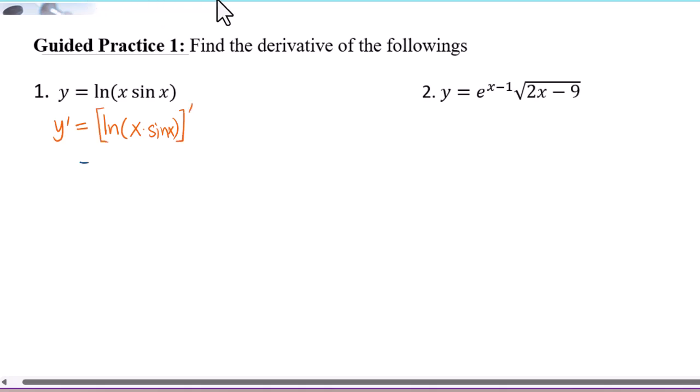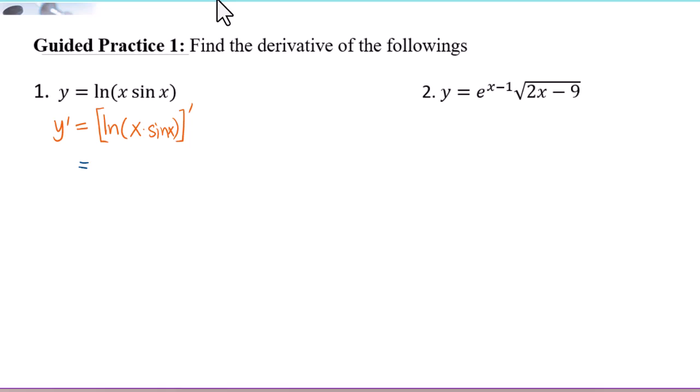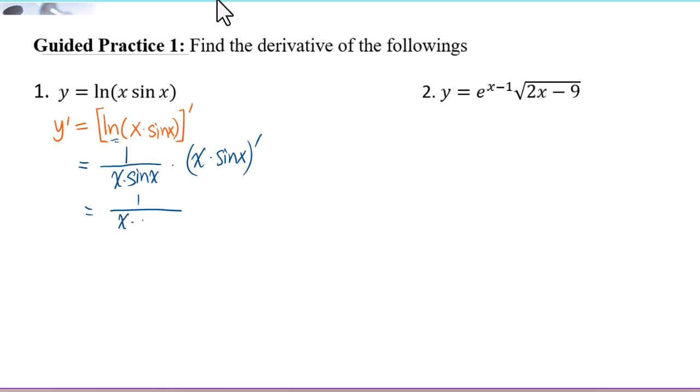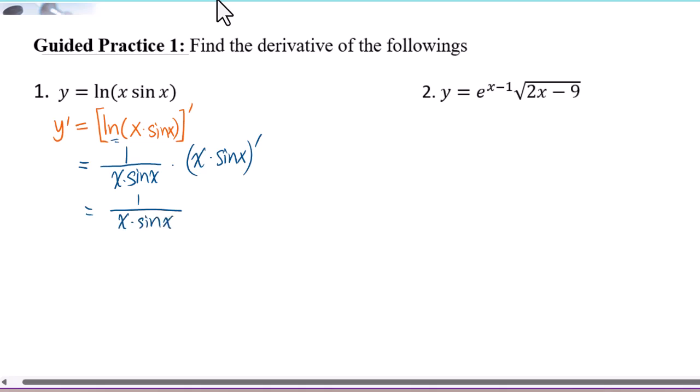First of all, we will use the derivative of natural log, 1 over x times sin x, then times x times sin x prime equals 1 over x times sin x.